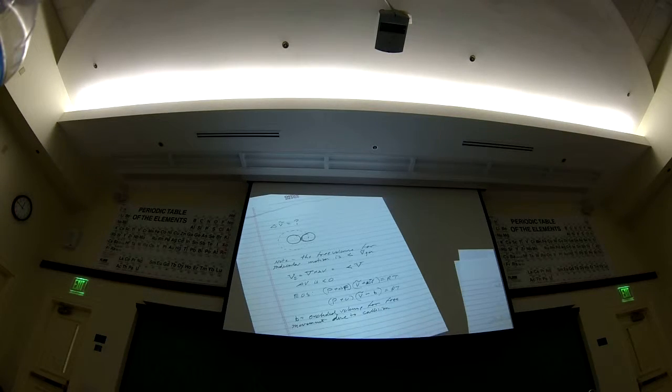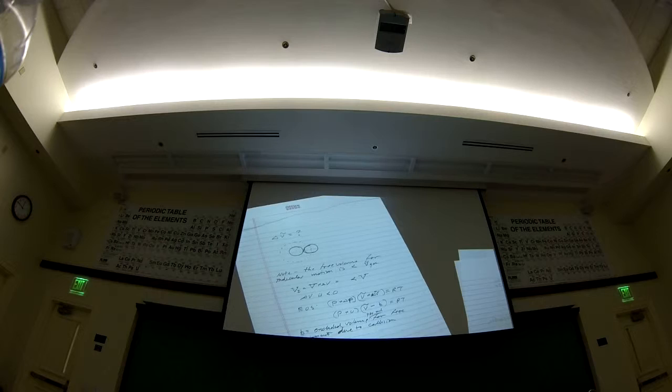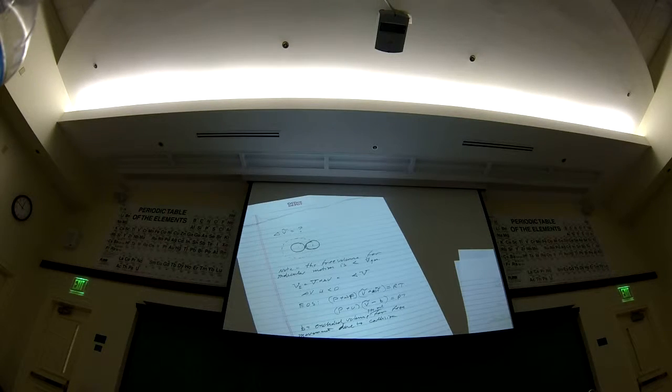It's the free excluded volume, I should say, per mole. All right, so that's what it is. So we have the equation of state for that case, and it's just P(V minus B) equals RT.